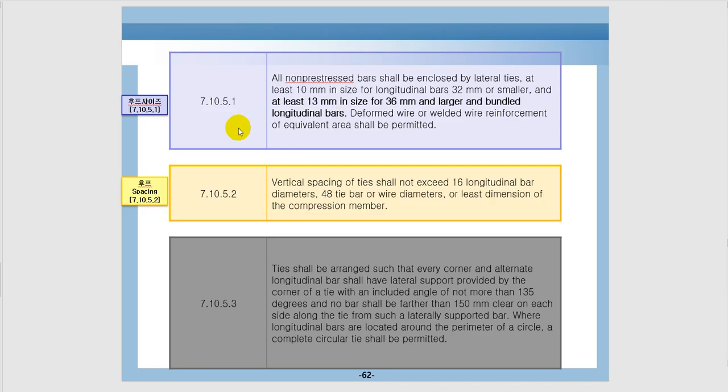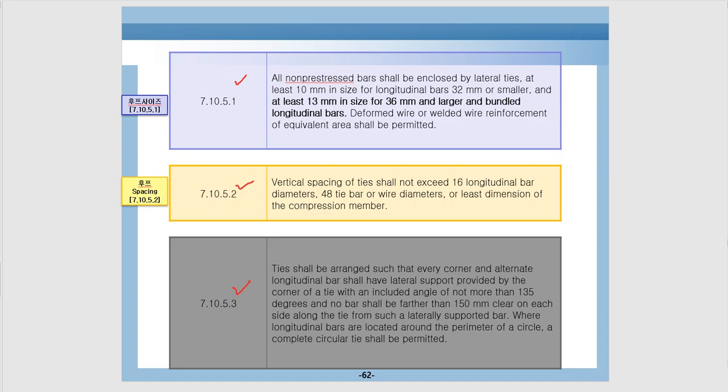Okay, we also have three very important sections required by the code. In ACI, you can find them at 7.10.5.1, 7.10.5.2, 7.10.5.3. These three should all be memorized when you design columns, which is very important.